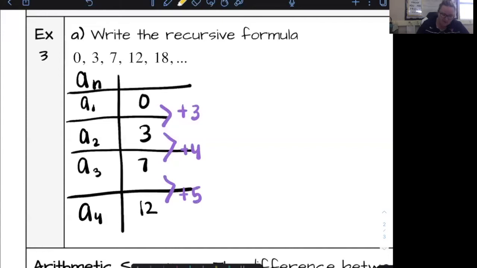If I take 2 and I add 1, I would get 3. If I take 3 and I add 1, I would get 4. If I take 4 and add 1, I would get 5. So what's happening is I'm adding 1 to whatever n is each time, and I add that to the previous term.